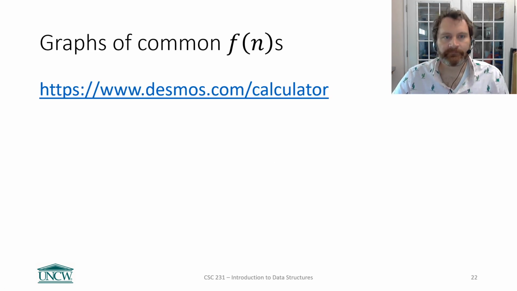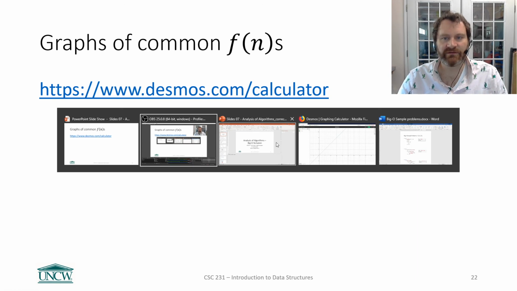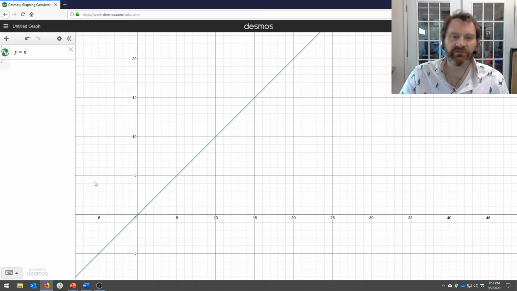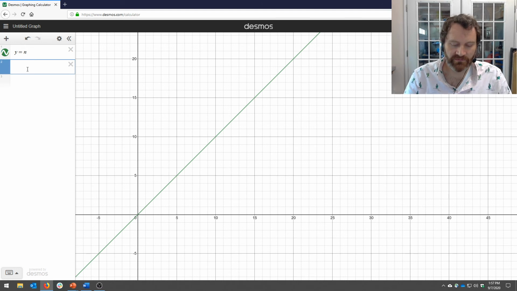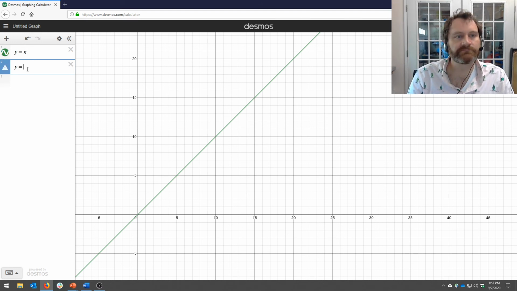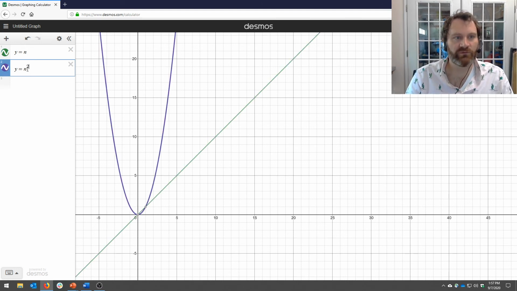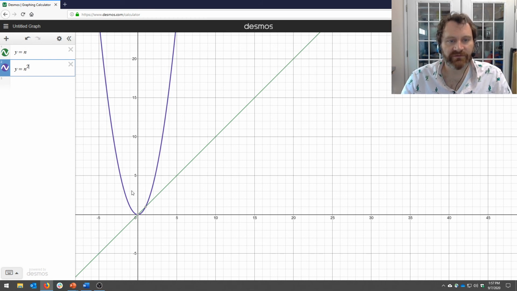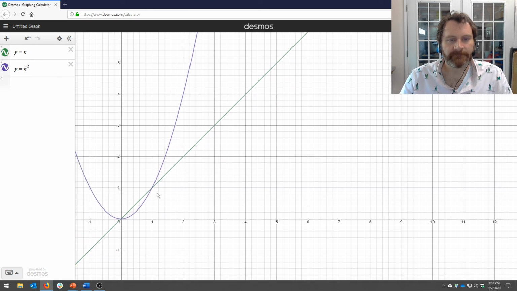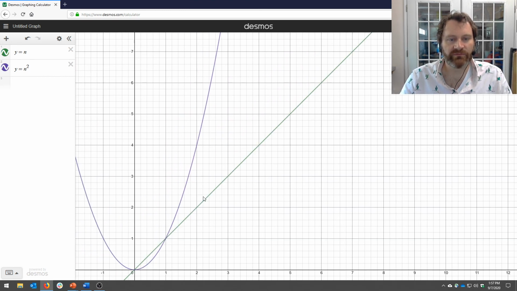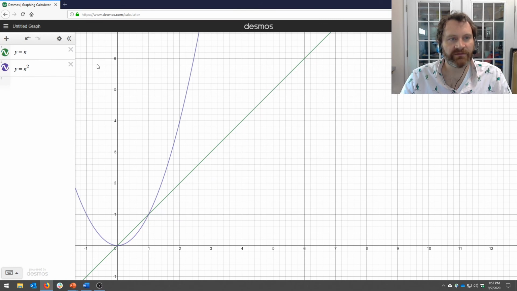Okay, so let's look at this. Here's a linear function, big O of y equals n. Let's add another one, y equals n squared. Looks like a parabola, right? So down here, can we zoom in? Now I can move artificially my little y line.